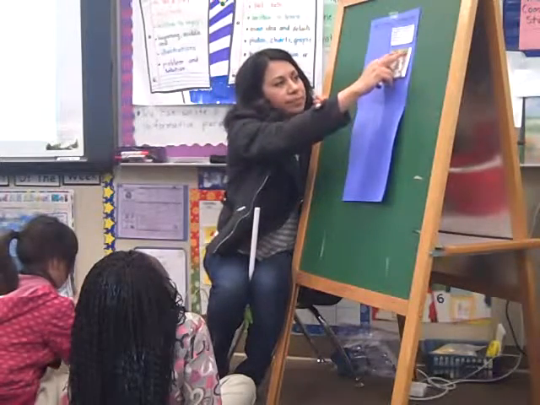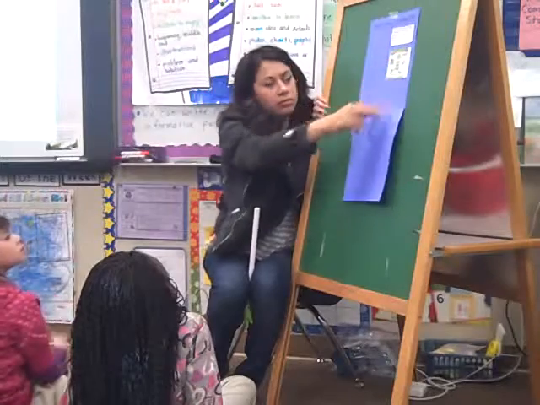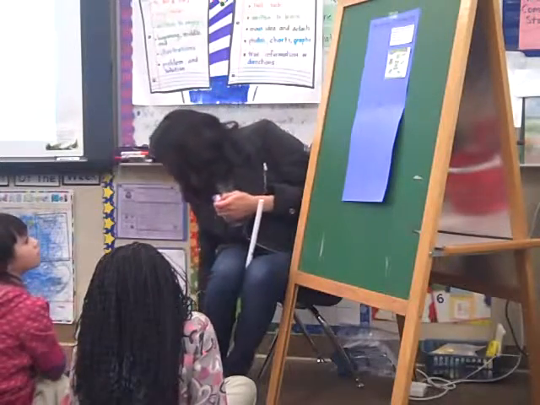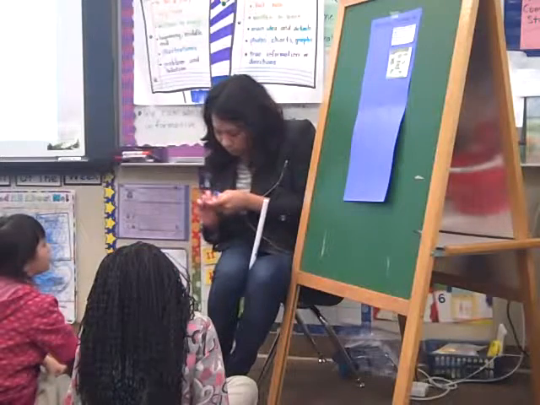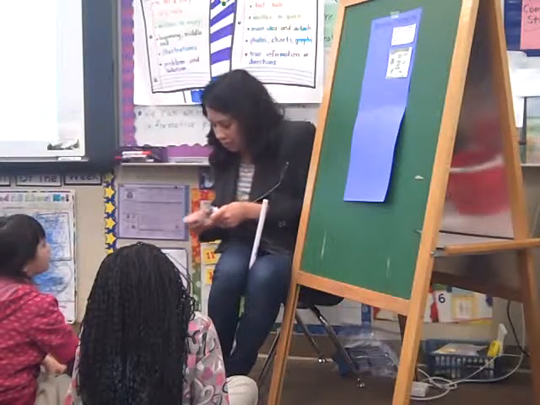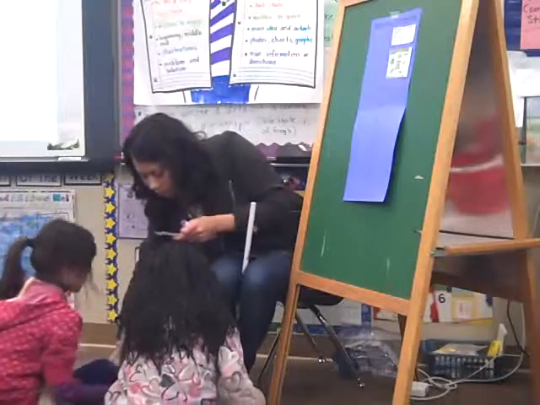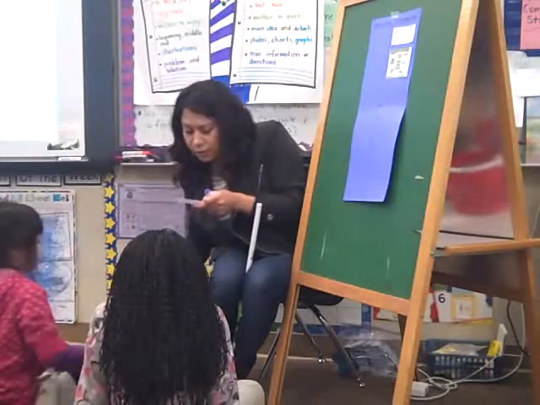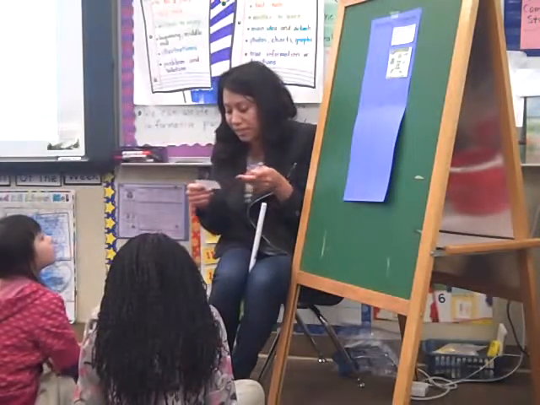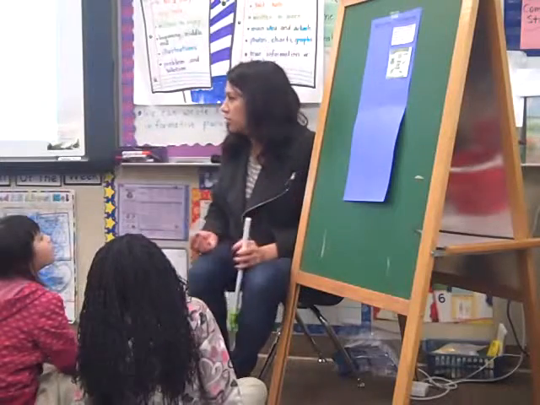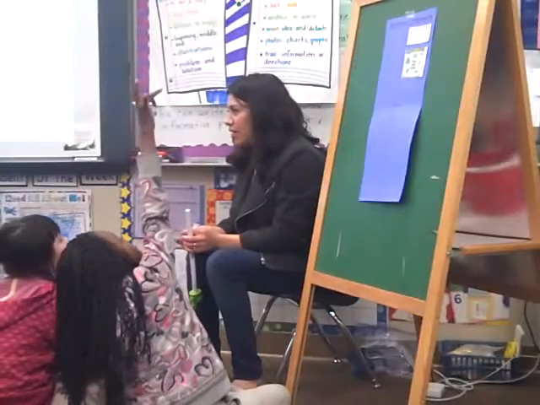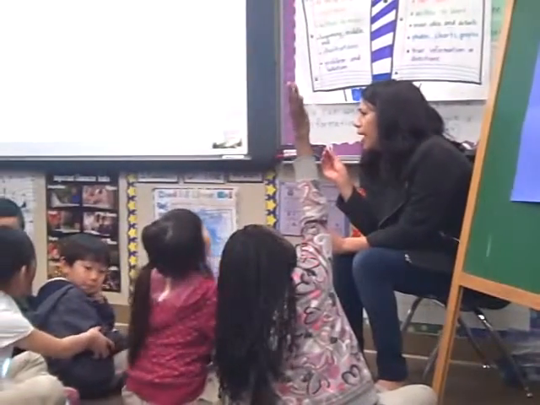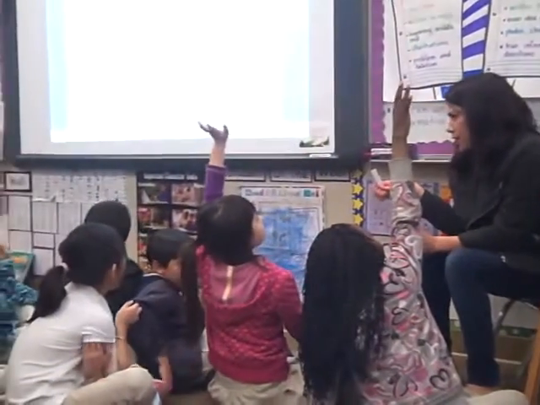All right. Let's try one more. Okay, how about this one? There were so many wonderful pets that I could not decide. We have that. There were so many wonderful pets that I could not decide.